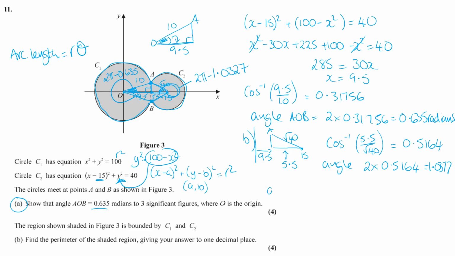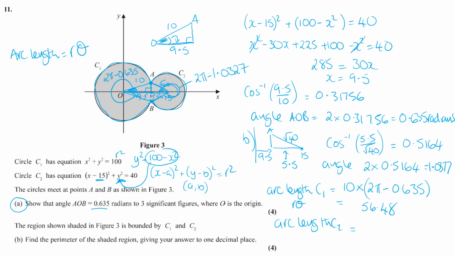So the arc length of C1 is going to be our r, 10, times our 2 pi minus the 0.635. Now if you do that, that comes out to be 56.48. And then arc length C2, again these are r thetas, so r is root 40 times 2 pi minus the 1.0327.